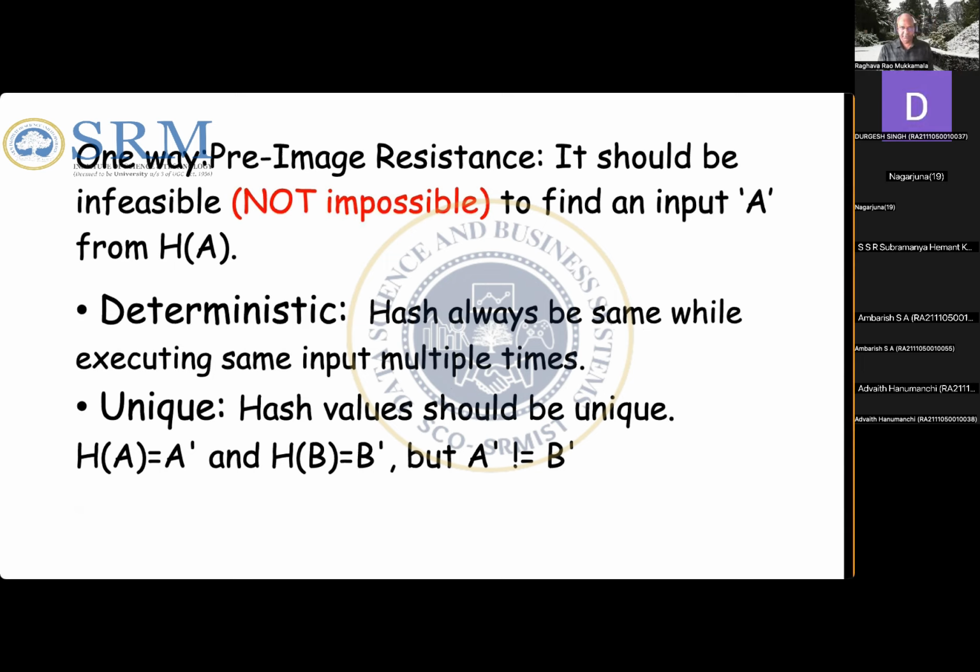And again, it satisfies some properties, saying that it is pre-image resistant. It should be infeasible to find the input that contains the hash value. What it means is, if I give you a hash value, it is nearly impossible to find the original value, right?